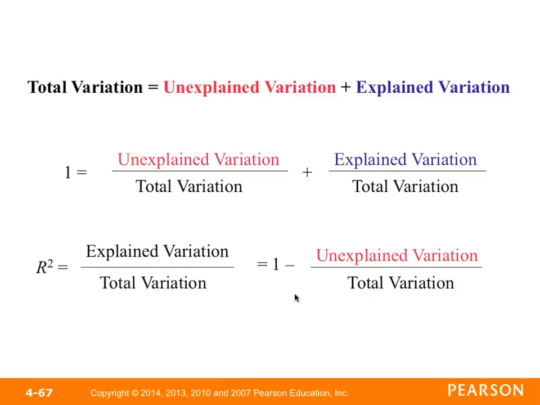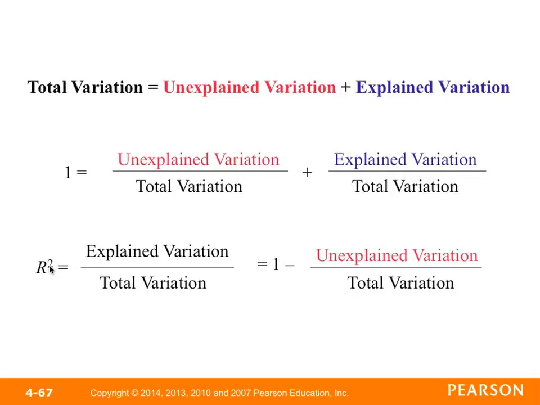So we know that total variation is unexplained variation plus explained variation. If we rearrange these in some interesting ways, what we can say is that if we divide everything by total variation, we get 1. So 1 equals our unexplained variation over our total variation plus our explained variation over our total variation.